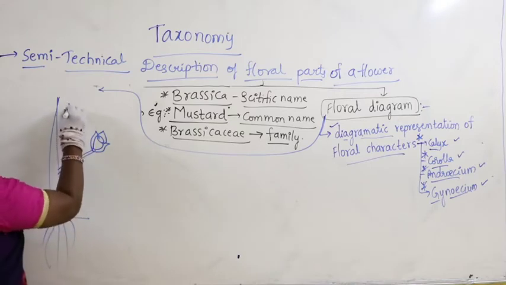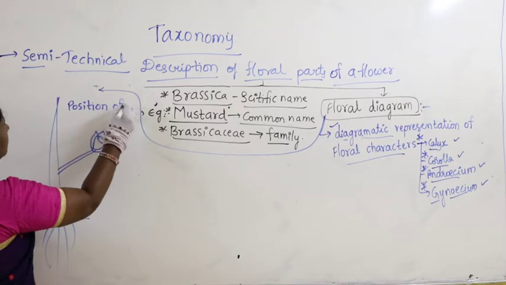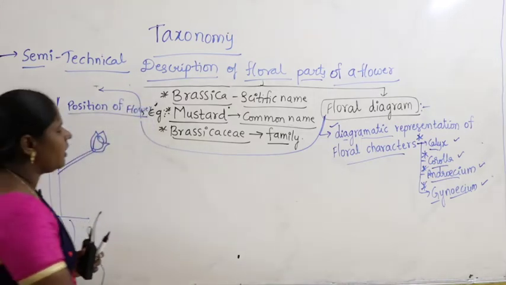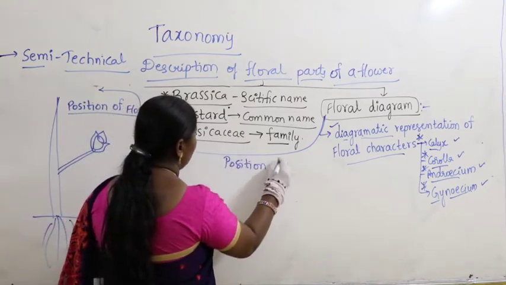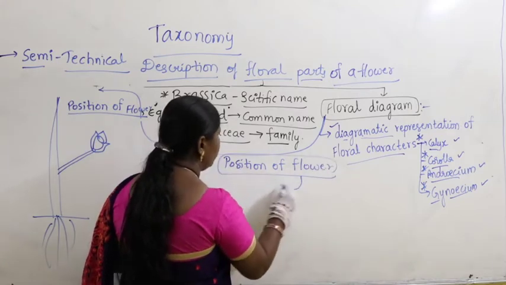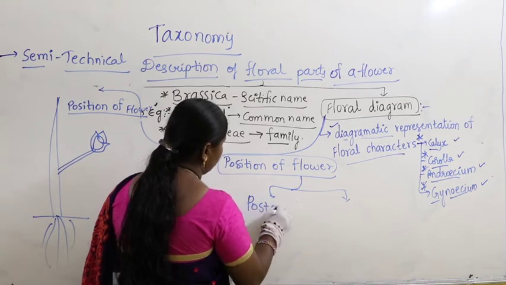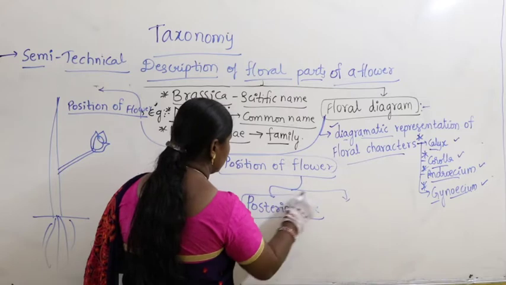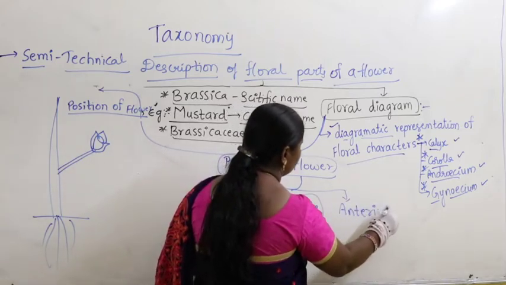Now position of the flower, a flower has two positions. What are the two positions? We have a posterior side and an anterior side.